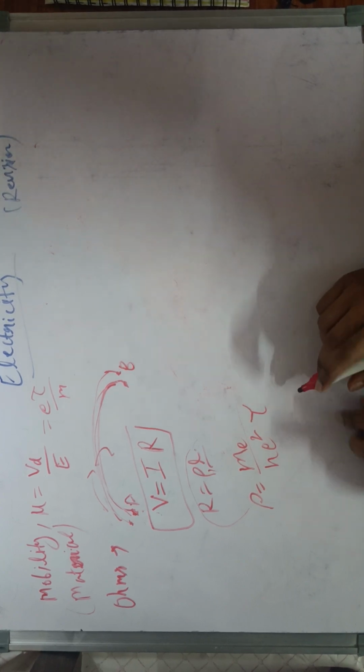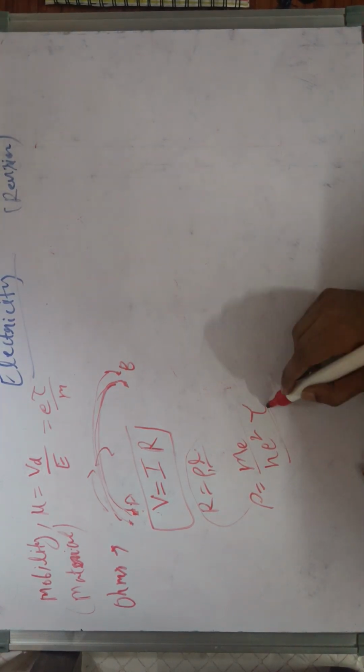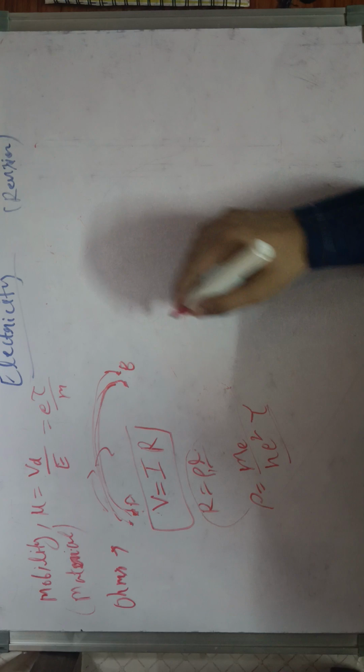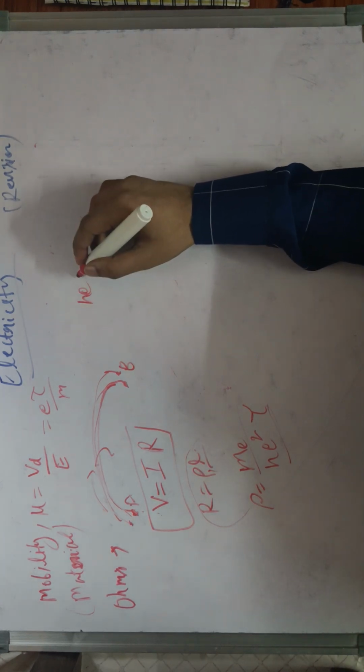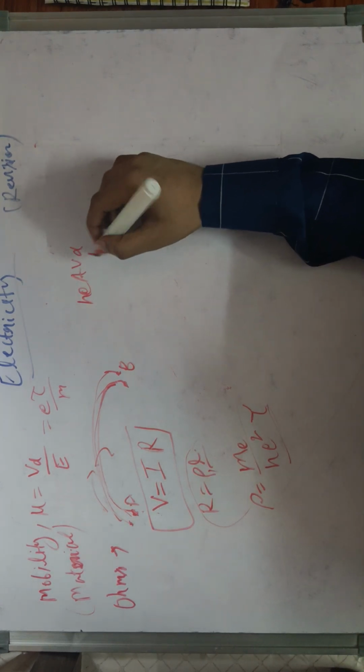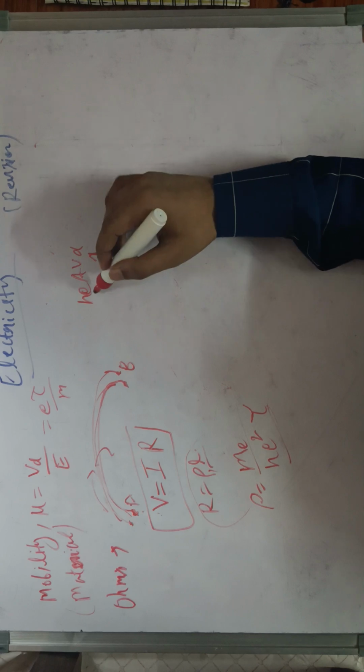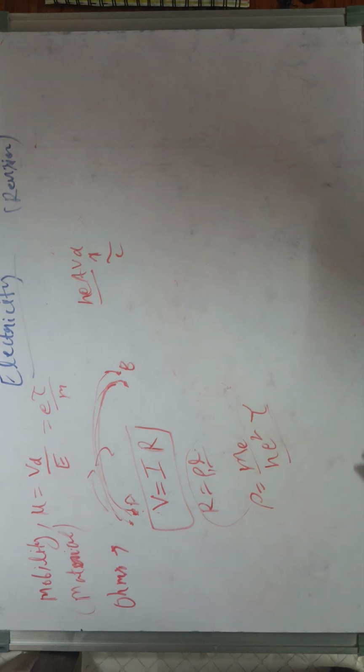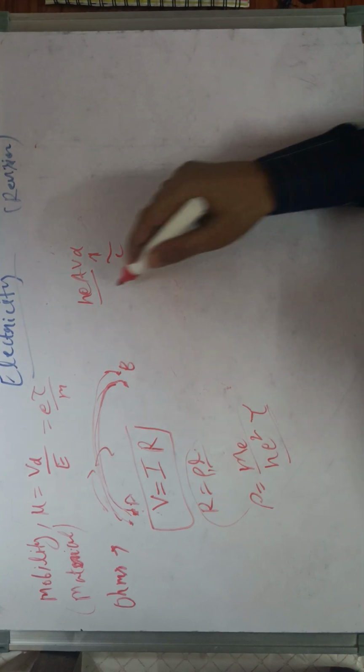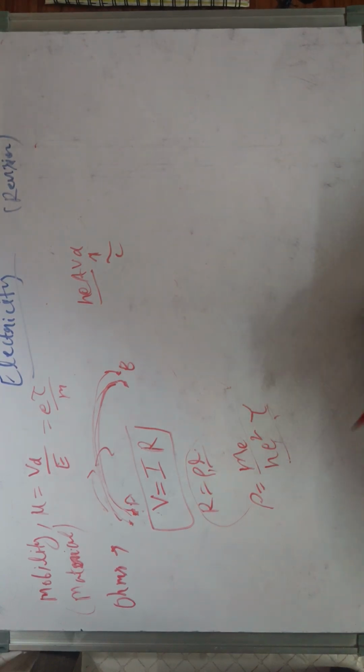So overall, these all help in current, like we have seen in I = nAeVd, where Vd is directly proportional to time. So current is directly proportional to these quantities. That's why resistivity is inversely proportional to them.